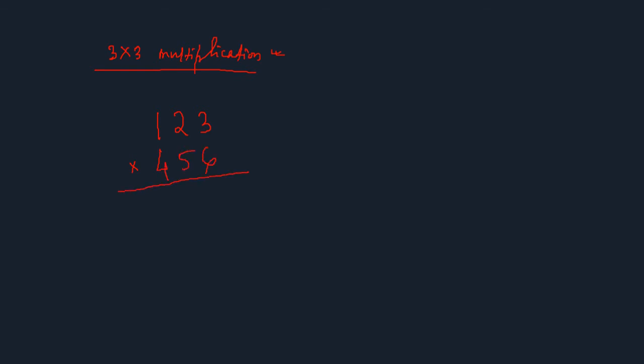I'll write in the steps here for you. Start with step 1. It's the same as that we did in the 2 by 2 multiplication. You can either start from the left or you can start from the right. In my case, I prefer starting from the right, so I'll just go ahead with it. The first step will be the multiplication of the leftmost digits.